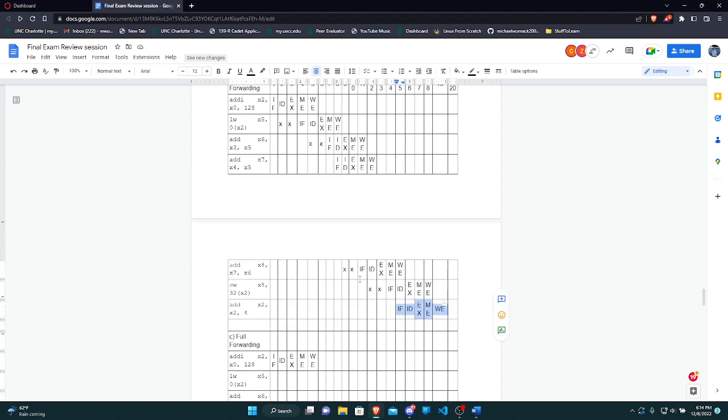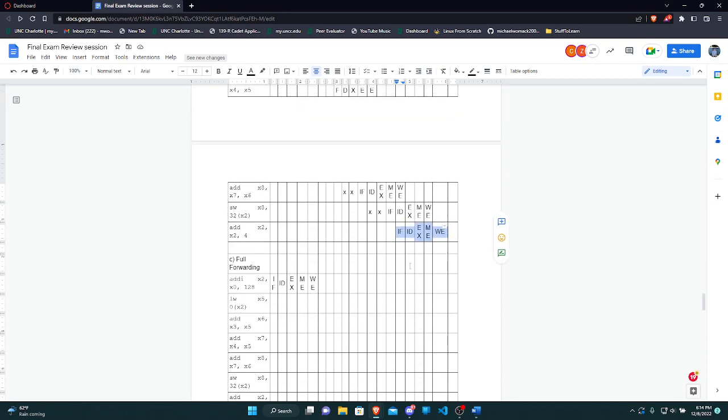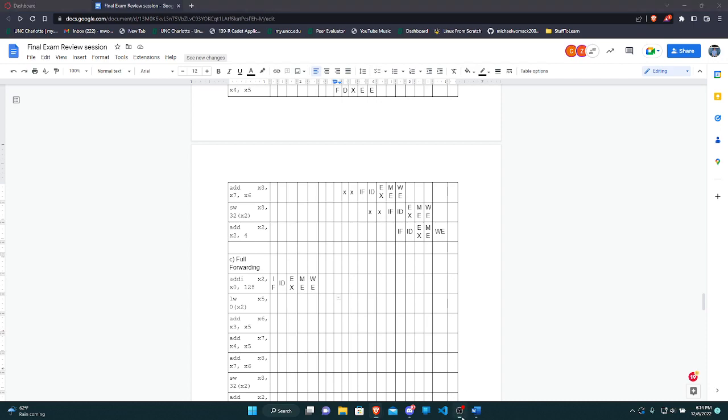Now, we're going to do the same thing, but for full forwarding. Full forwarding, you don't have a cycle delay. It gets rid of the cycle delay on a load, on ALUs, which is when you use an ALU statement, so add, subtract, yada yada yada, and then try to use the register that you write to immediately after.